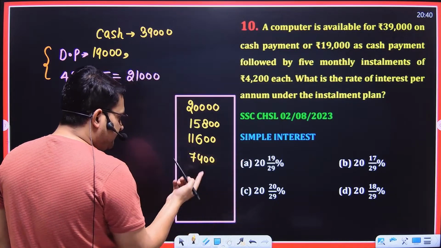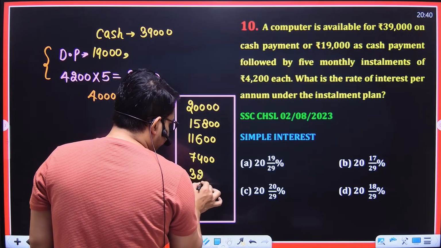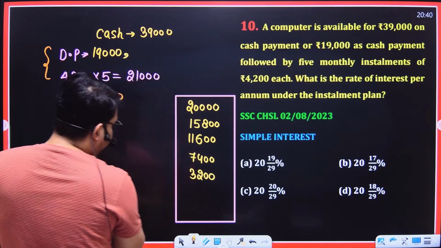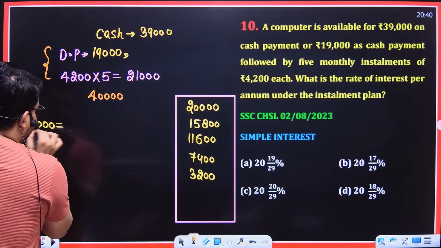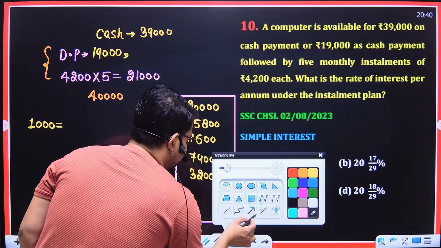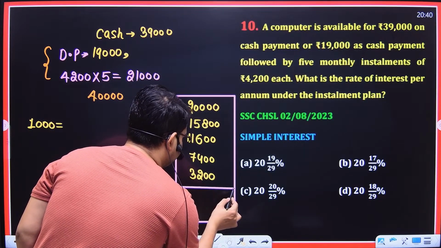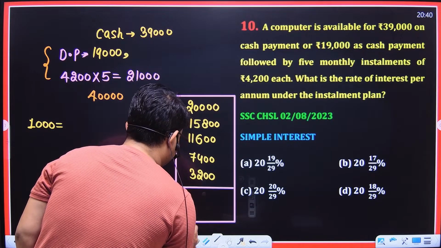When another month has passed, you pay 4,200. Then what do you have? 3,200. See, this 3,200 and the interest of 1,000 rupees will make your last installment. So add these. This is your cumulative principal.